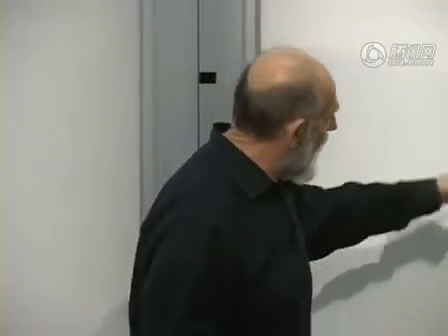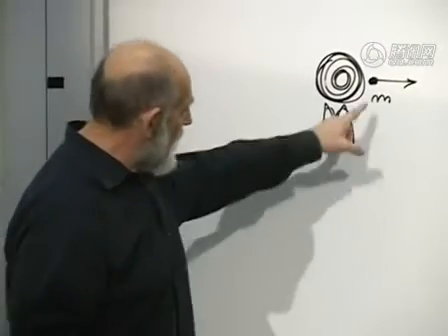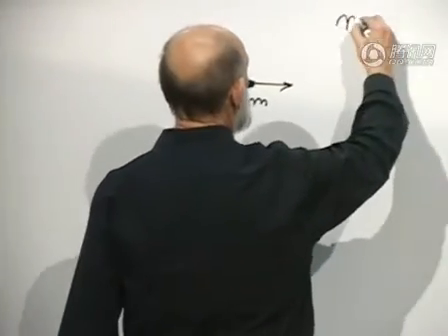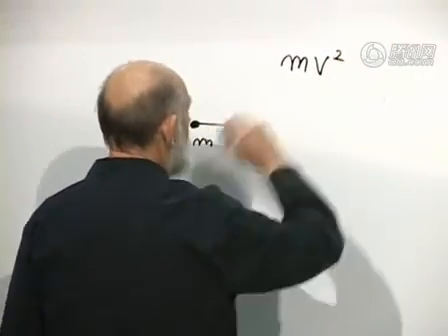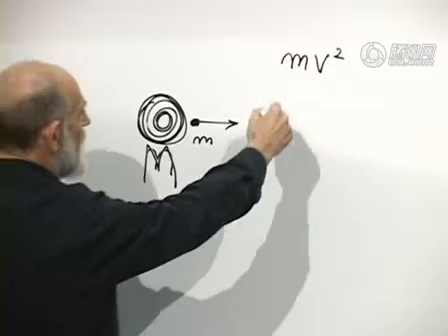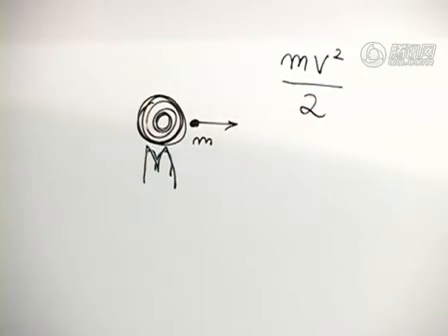There are two kinds of energies that it has, kinetic and potential. What's the kinetic energy? One half m v squared, mass times its velocity squared. I'm going to assume that the velocity is radially outward. This is small m. This is the kinetic energy of the outgoing mass.